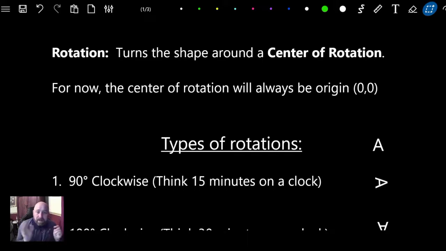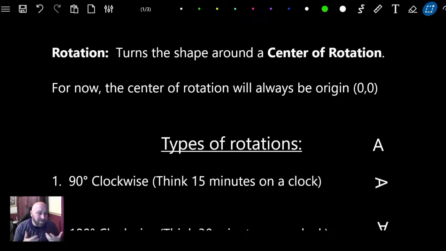You hit the button and it turns the whole picture, okay? So it turns it 90 degrees, typically. One click, 90 degrees. And usually it goes 90 degrees clockwise, okay? So it goes the way that the clock goes, or then you could go counterclockwise. But typically it's going to rotate in a clockwise direction.